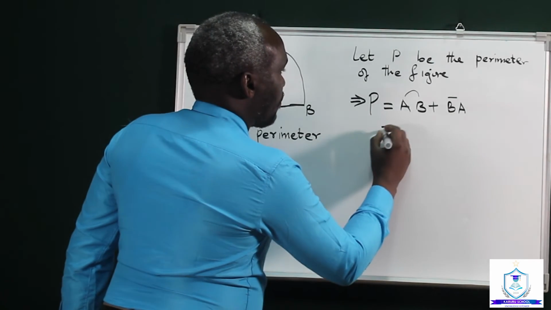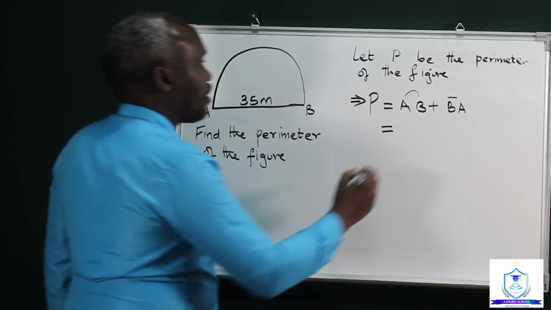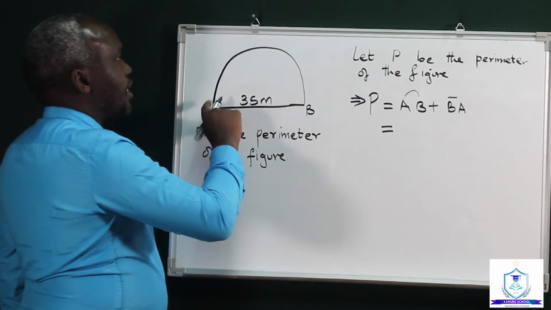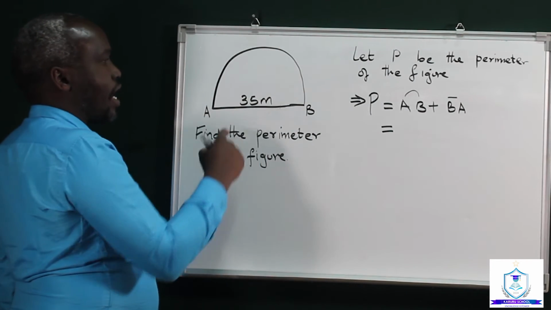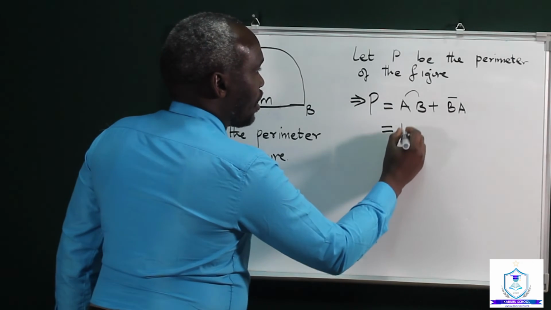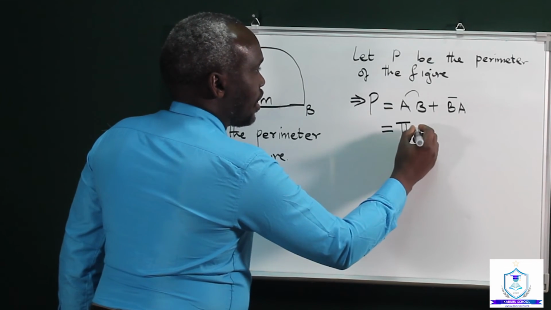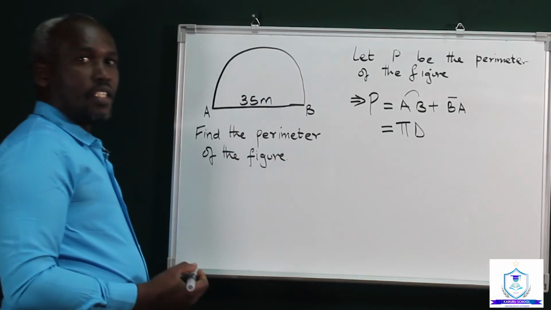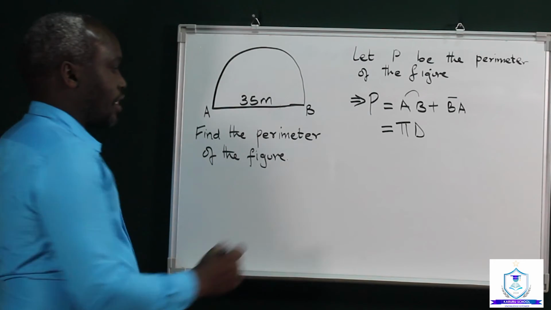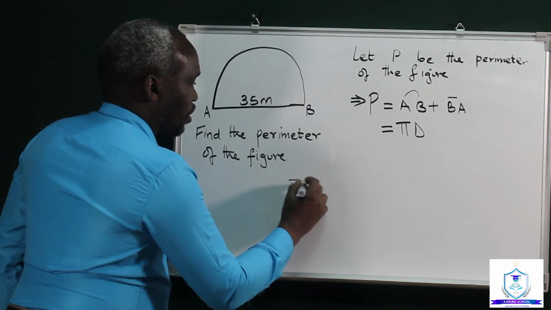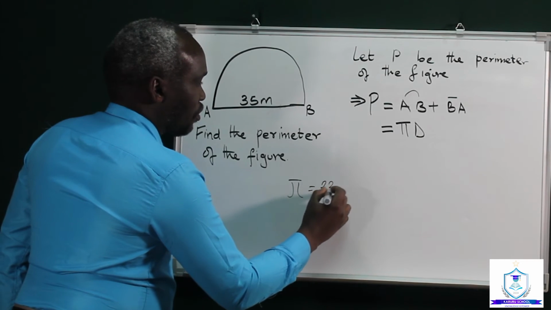If you remember from our previous presentation, the formula for finding the circumference of a full circle given the diameter is pi d, where d in this case is our diameter and pi is the constant which is equal to 22/7.